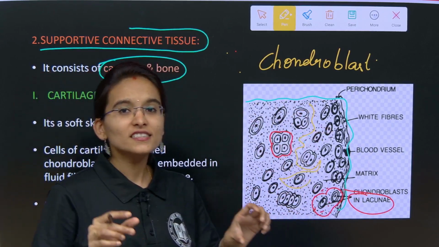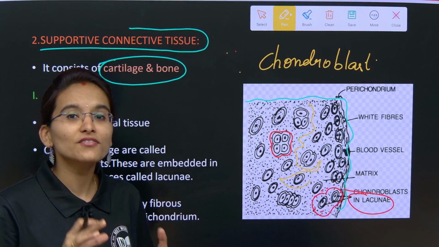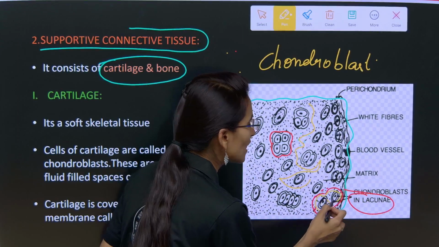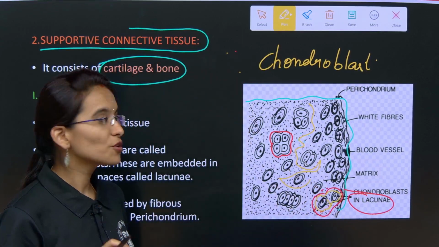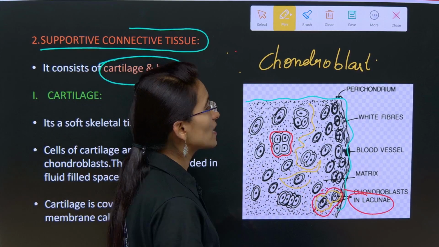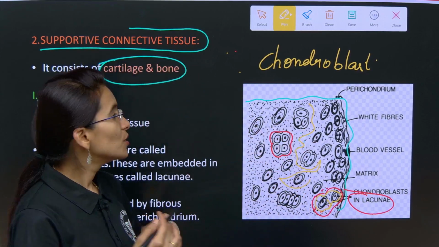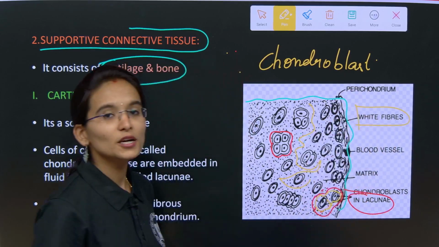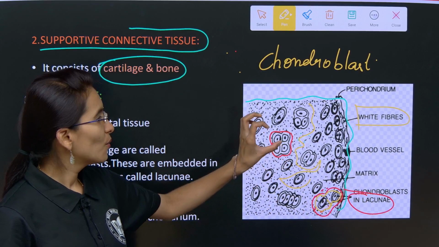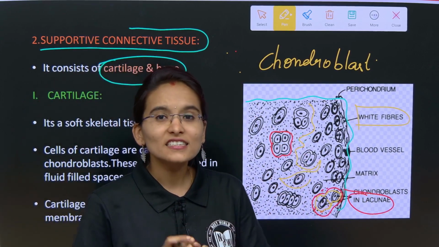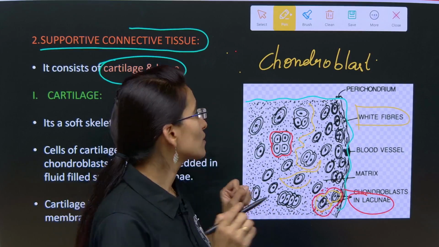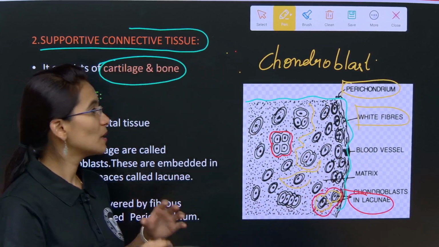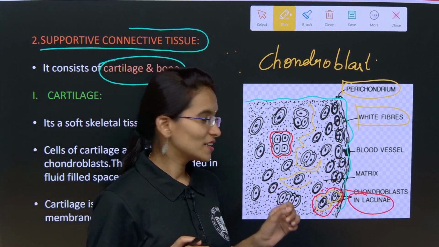Each chondroblast cell is embedded in a lacuna. The cartilage is made up of numerous white fibers. Cartilage is made up of what, children? White fibers, and the cartilage is protected by a membrane called the perichondrium.